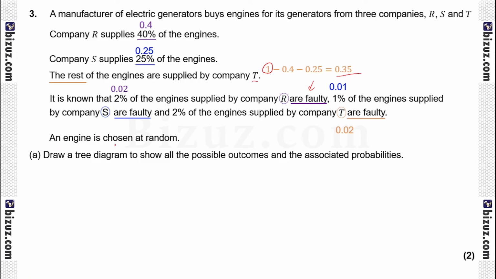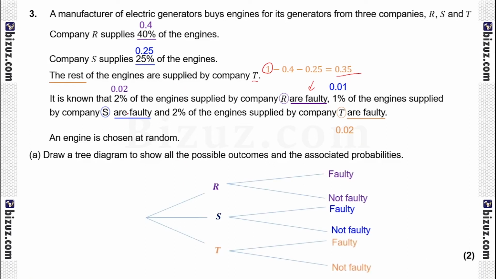All right. And an engine is chosen at random. Part A asks us to draw a tree diagram to show all the possible outcomes and the associated probability. Now, this is pretty simple. All that we need to do is follow the information given here.